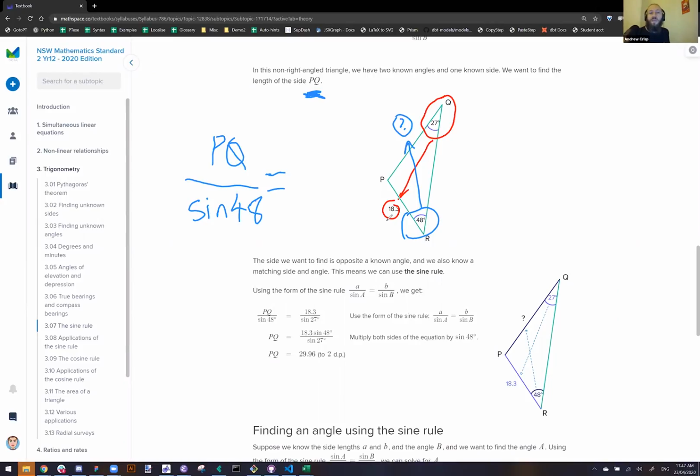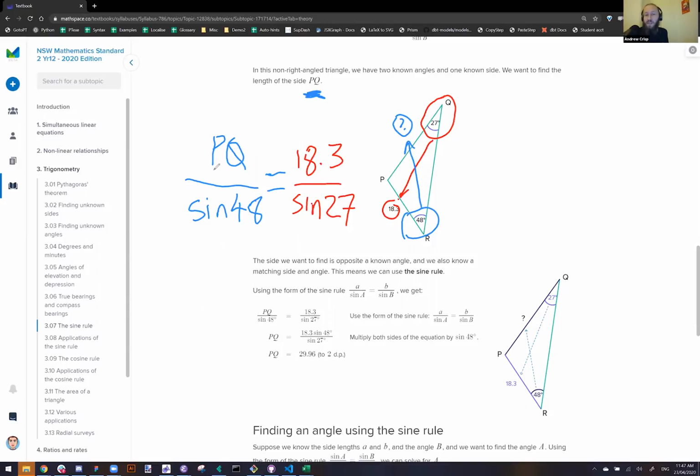And that's equal to, I'm going to get my red out, 18.3, the length that we do know, divided by sine of this one, sine 27. Notice here that I've got my two angles that I know, my side that I know, and I want to find that side that I don't know yet.